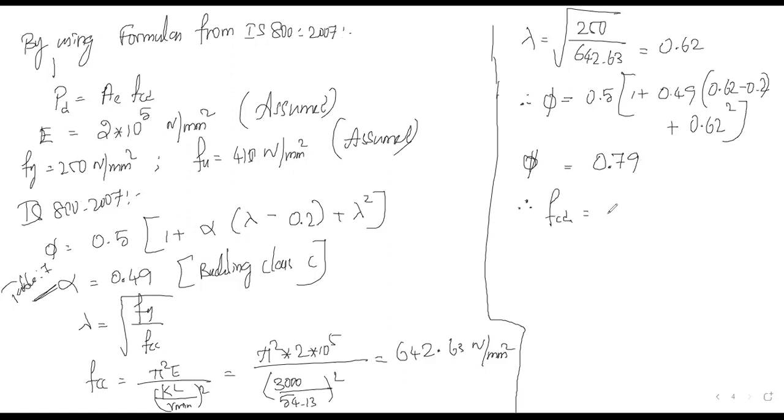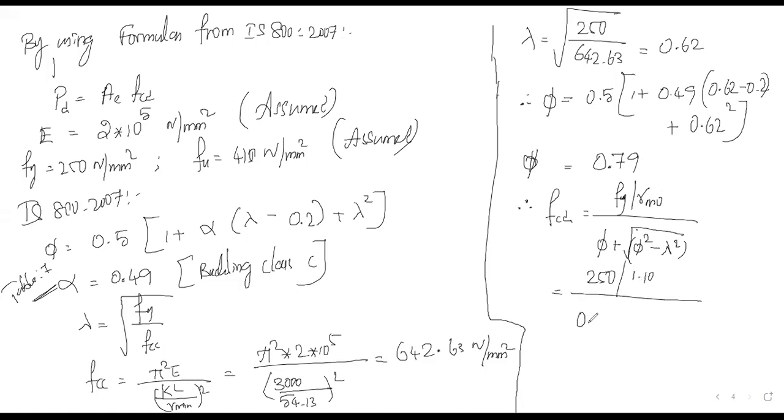Therefore, FCD, we have the formula: Fy by gamma m naught divided by phi plus root under phi squared minus lambda squared. So Fy is equal to 250, divided by gamma m naught value 1.10 from table number 5.